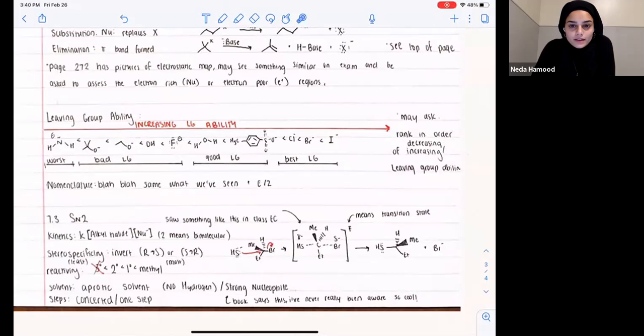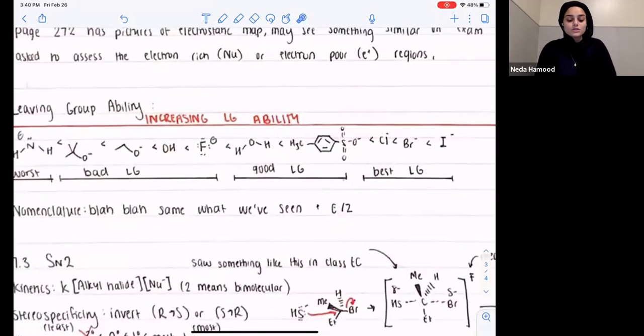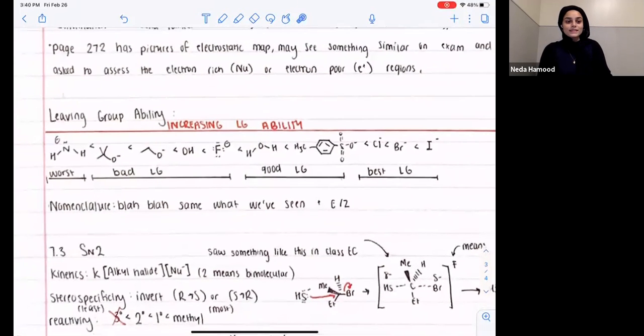Something in my gut is telling me that he's going to ask you a question like that. So take a second, look at these, and know that NH2 is the worst leaving group ever. In Orgo 2, a lot of reactions happen with NH2, and you have to do so many things to it to even kick it off of the reaction. So that is just its ability to leave a reaction.